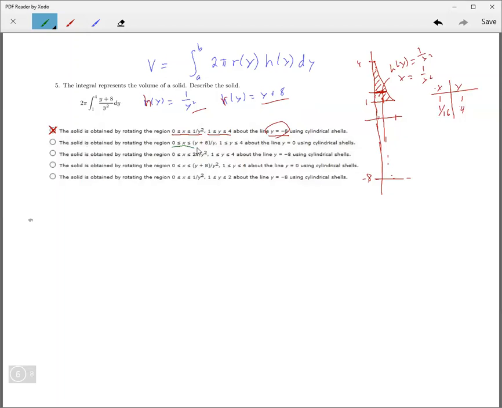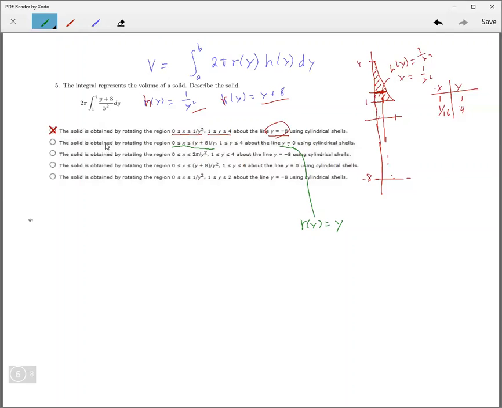Okay, so now let's take a look at some of these other ones. Here you're revolving this one about the line y equals 0. If you're going about this one, then r of y would be just y. And so that doesn't really fit in anywhere here.